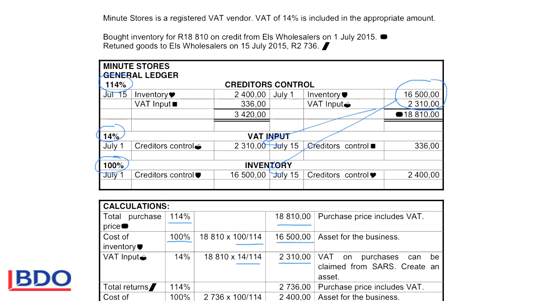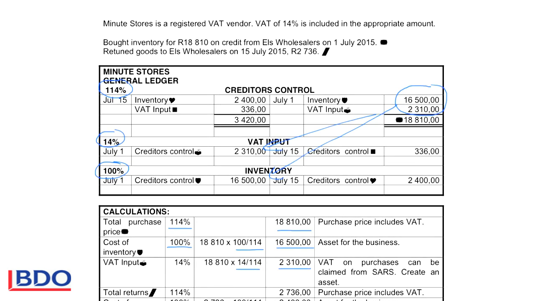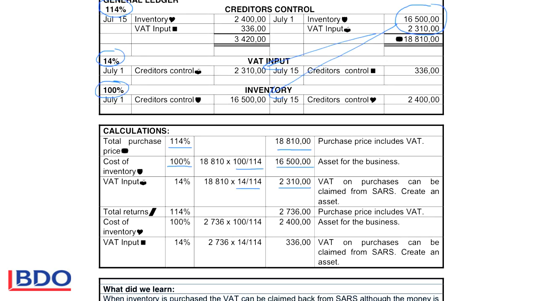The second entry that we will record is when the goods are returned to ALS, 2736. So first of all, again, we must calculate of that 2736, how much is the cost price and how much is the VAT. So the 114% that we return equals 2736.